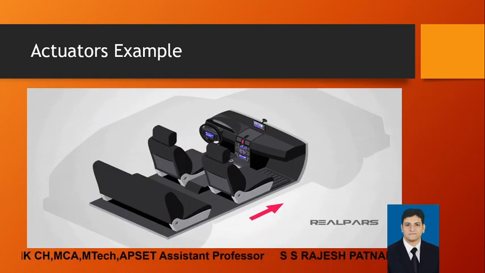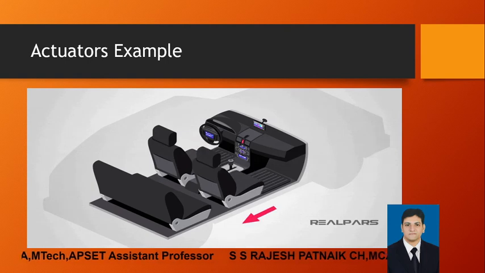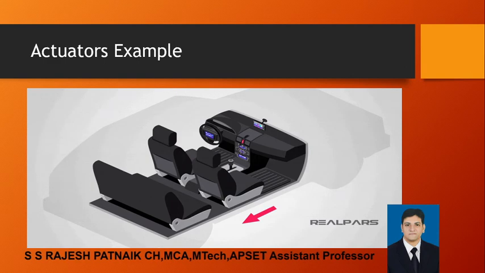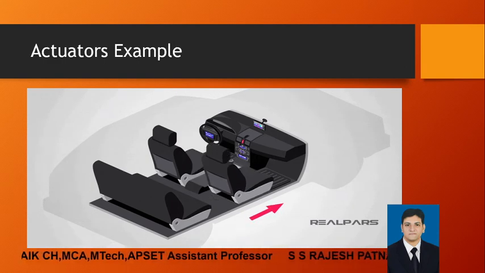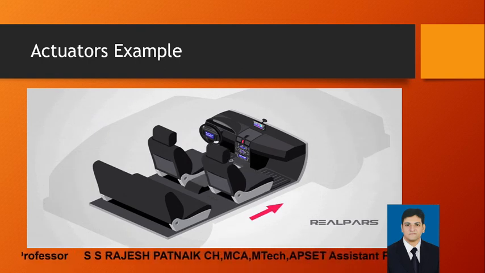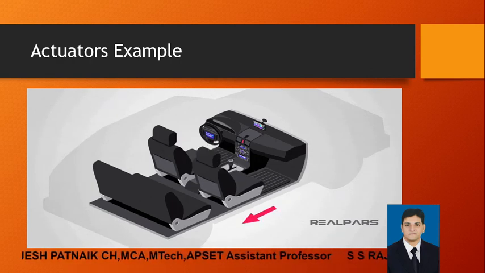We regularly use many actuators. In our latest cars, there is a new technology, a new actuator. Whenever a person sits in the chair inside the car, the chair automatically moves in front of the steering, gears, and other systems. How will it move?